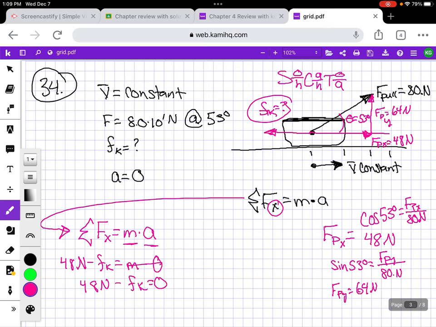So if we add the friction force to both sides, we get 48 newtons is equal to the frictional force. Remember, this negative sign assumed that you would remember that this is to the left. So if you were just describing this force, you might say a negative 48 newtons or 48 newtons to the left. That would be the answer.